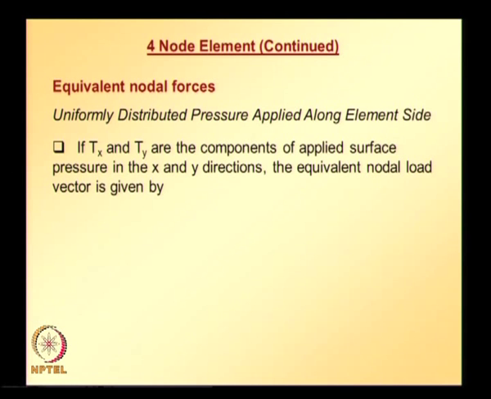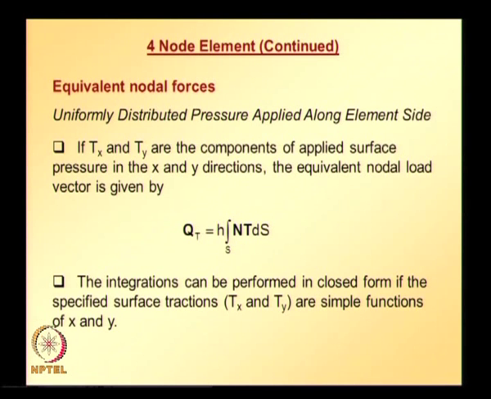If Tx, Ty are the components of applied surface pressure in the x and y directions, and surface pressure is the same as surface traction, the equivalent nodal load vector is given by this one. So, here N is nothing but the shape function matrix of all the shape functions along that particular side along which the pressure is applied.